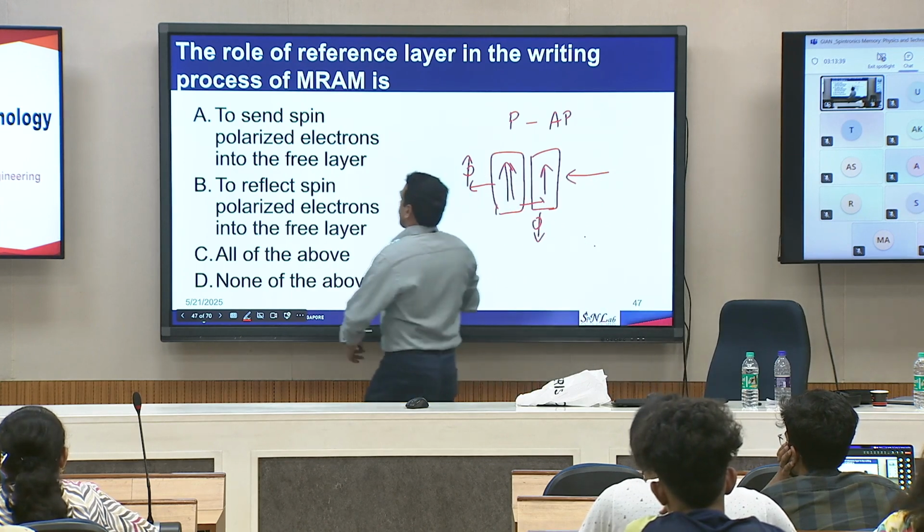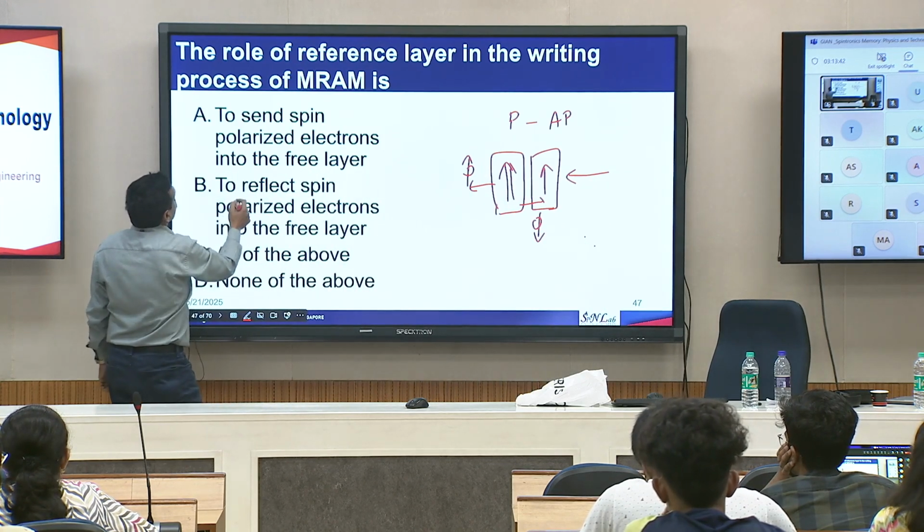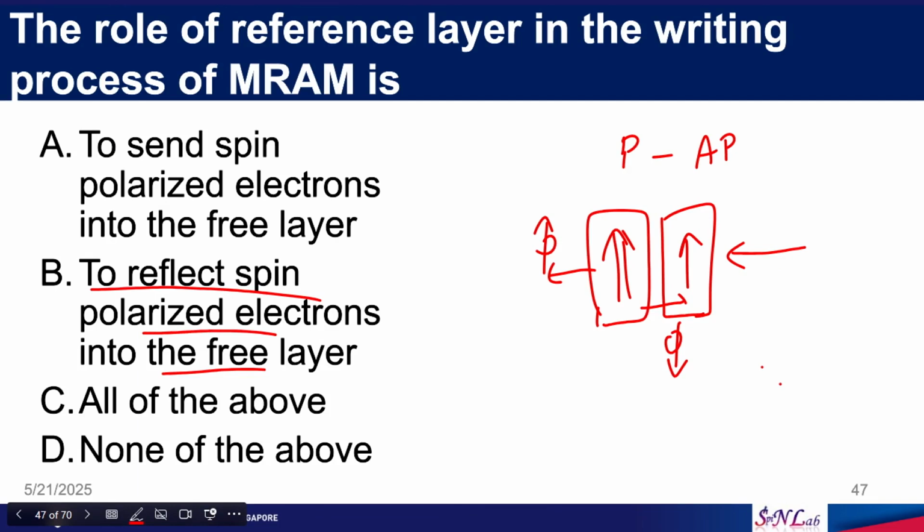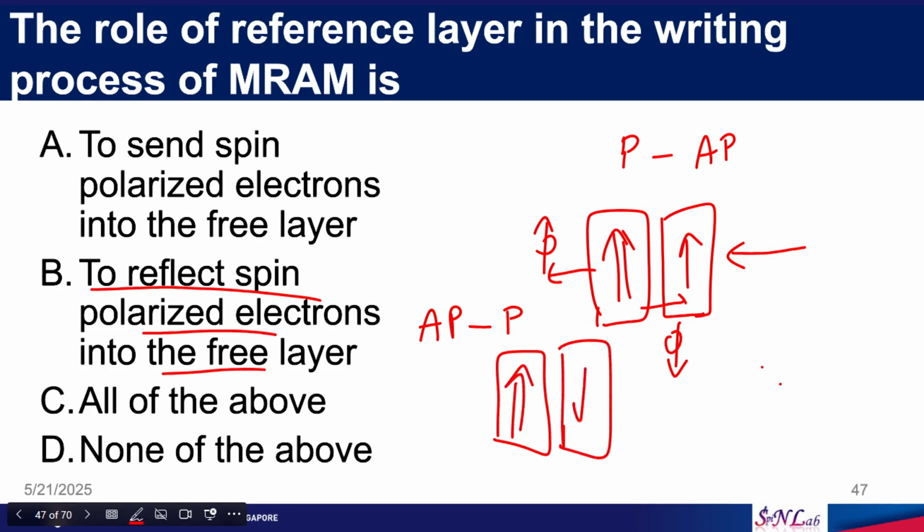So, in this geometry the reference layer reflects electrons into the free layer. On the other hand, if you go from anti-parallel to parallel, you are sending electrons this way. Spin polarized electrons go to the other side and reverse this from anti-parallel to parallel. So, in that case you are sending spin polarized electrons into the free layer.